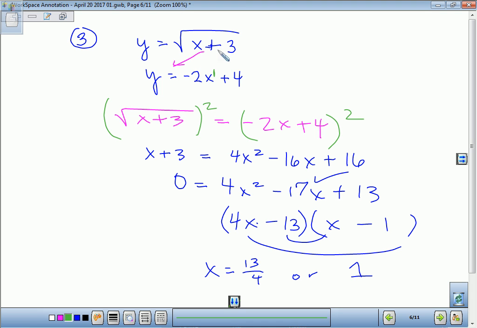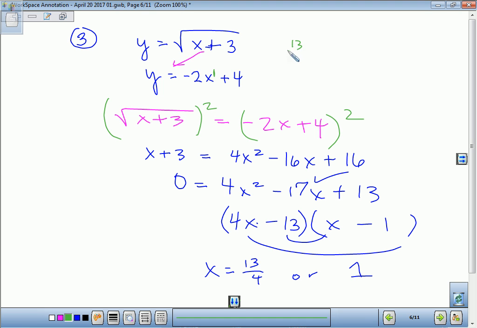We can't have a square root of a negative on a graph. The cool thing is when we plug in both of these, they both work. But sometimes only one of them will work. So make sure you plug it in to the function that has the lesser degree.